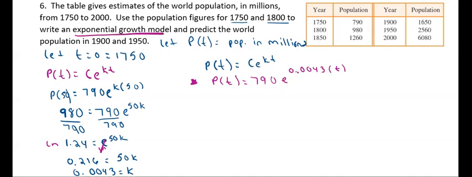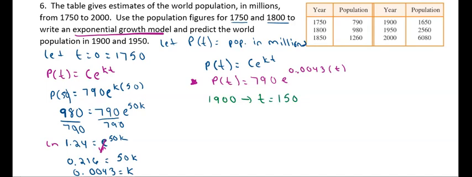Now it's asking us to predict the population in 1900 and 1950. So let's think about this for a second. We said before that T of 0 was 1750. So that means if we have 1900, that will be T of 150.